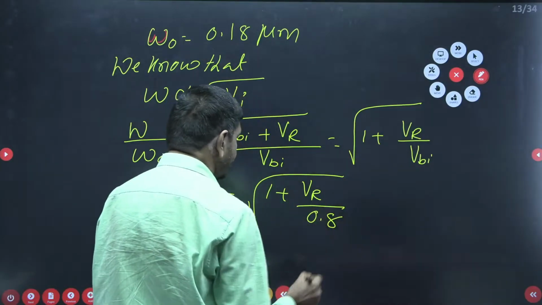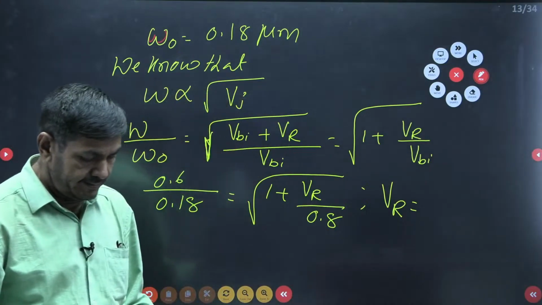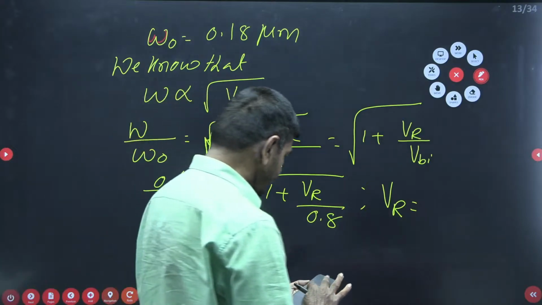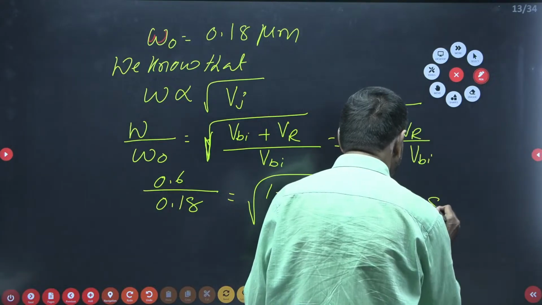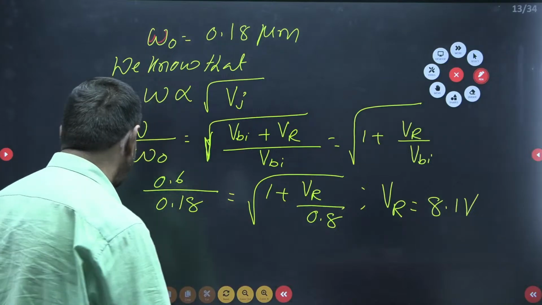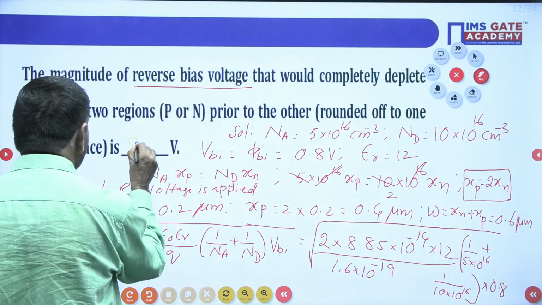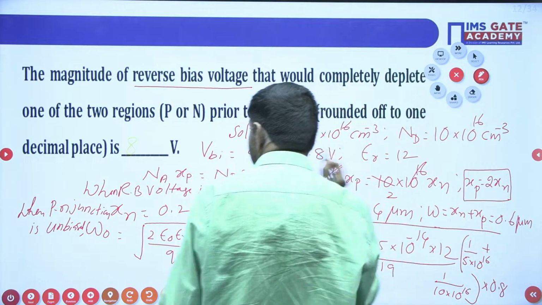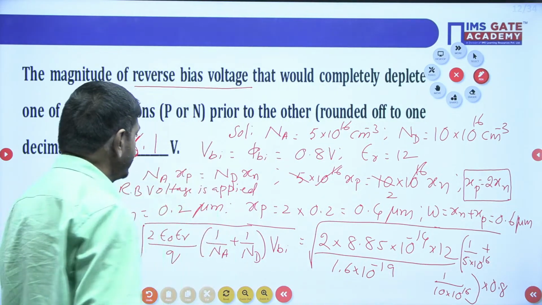Now use a calculator and find out the VR value. Finally the value of VR comes as 8.1 voltage. Reverse bias voltage is nothing but 8.1 voltage. That much voltage is possible.